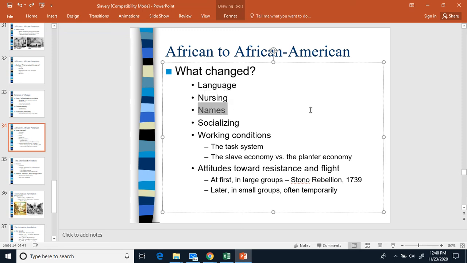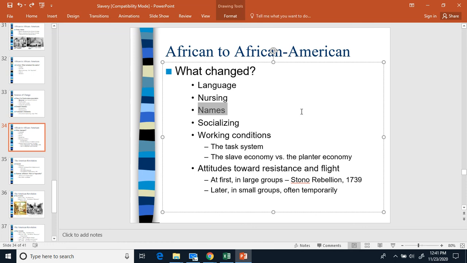Names also changed. So a lot of times when slaves were brought over to the Americas, they would change their name. So your name might be like Kinte, and then it's like, no, your name is now Tim. All right. So you would end up getting a new name, and it would be a name in the language of whichever place you're at.